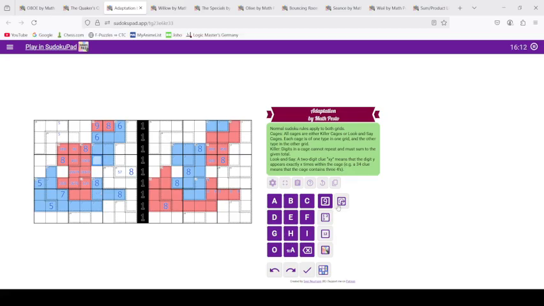That's not a 7, neither is that. So those two are 7s, because there has to be a 7 in this cage. Meaning this is a 5, and that is the look and say clue. That is the killer clue, making a 6-9 pair.